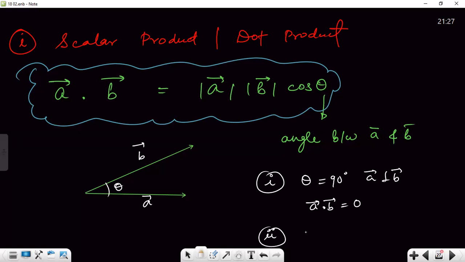If vectors are parallel, then the dot product will be the multiple of the magnitudes only, because cos 0 is 1. Now, what's most important is this property, multiple uses.